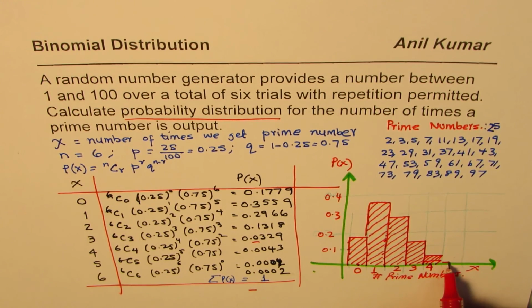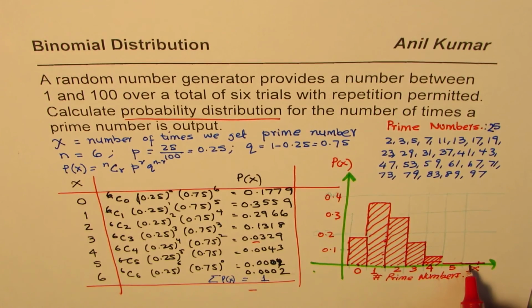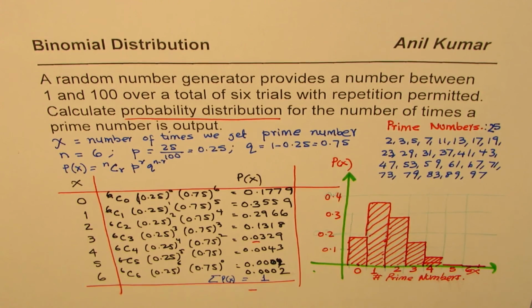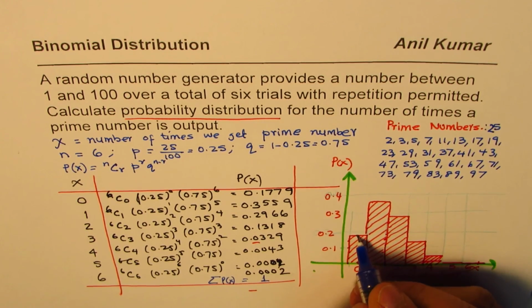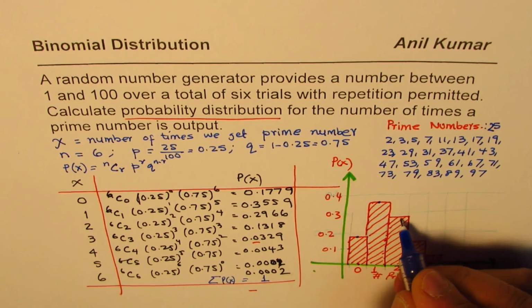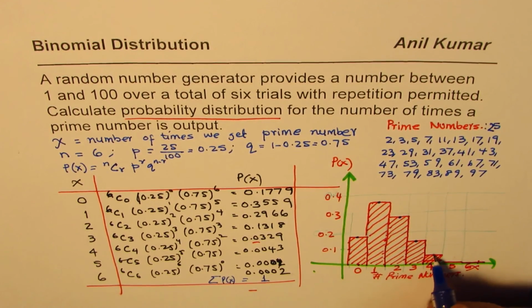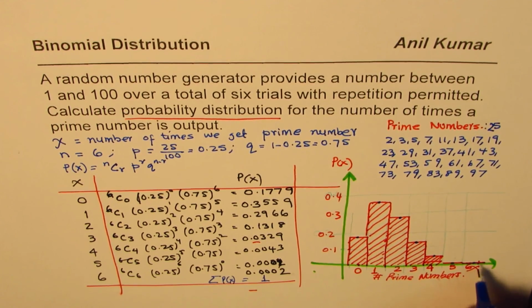Let me show it by this method. This is for 5, and for 6 it is even lower. So this is for 6. That is how we'll get our histogram, where these points represent the probability for each.